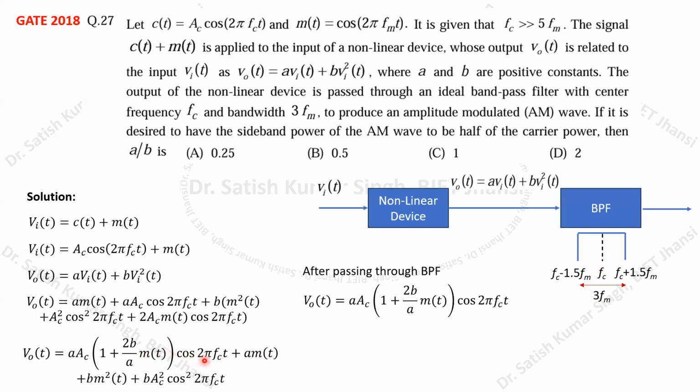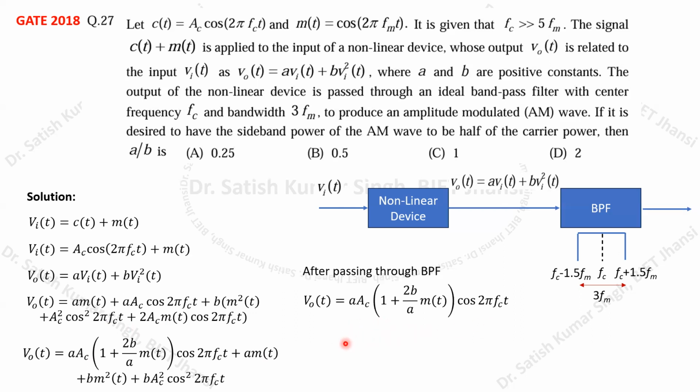And this multiplication of m(t) with cos 2 pi fct will give you frequency components at f equals to fc plus fm and fc minus fm. Because they come inside the passband of your band pass filter, these components will be passed through the band pass filter, and the rest of the components will be rejected. So here we are getting this particular term.